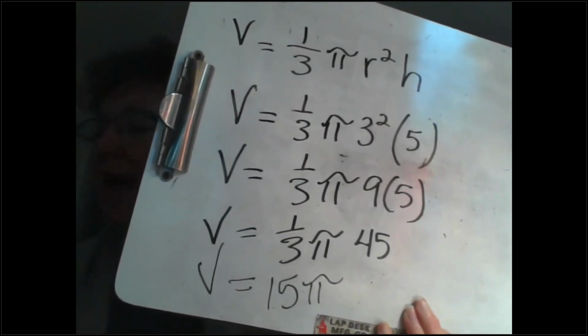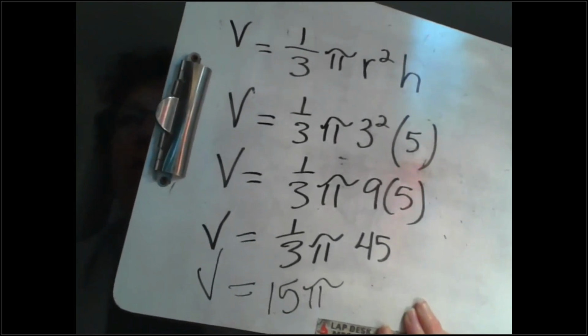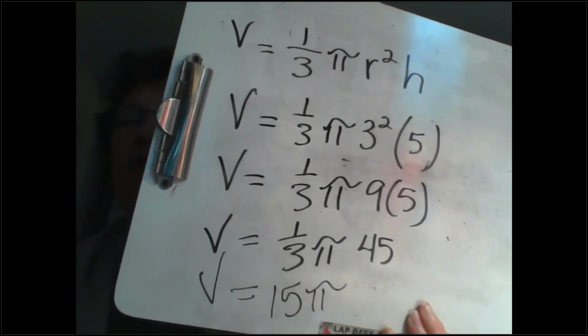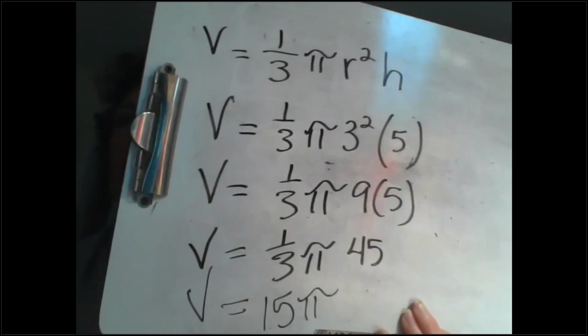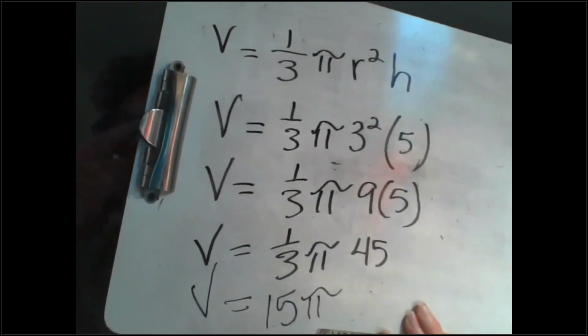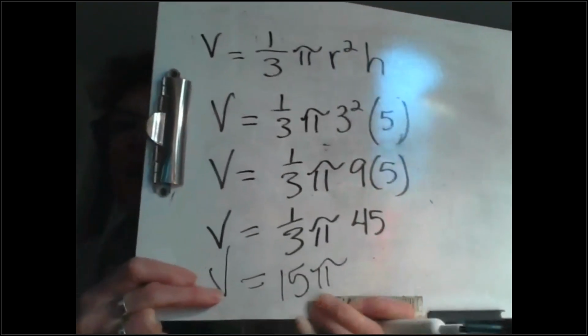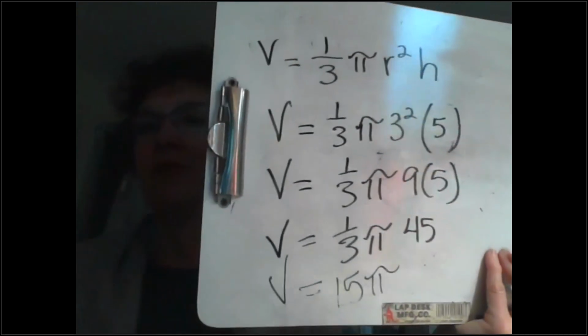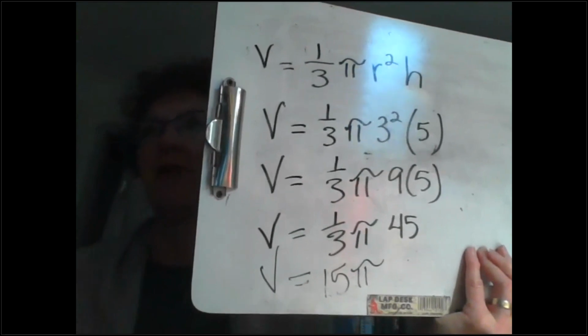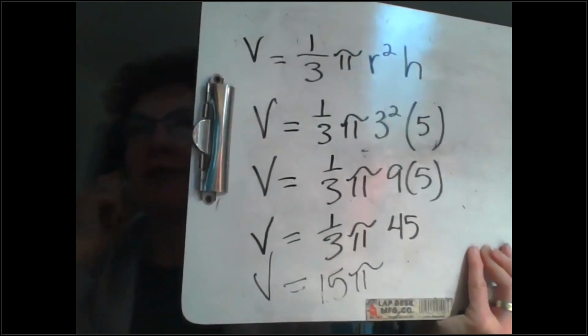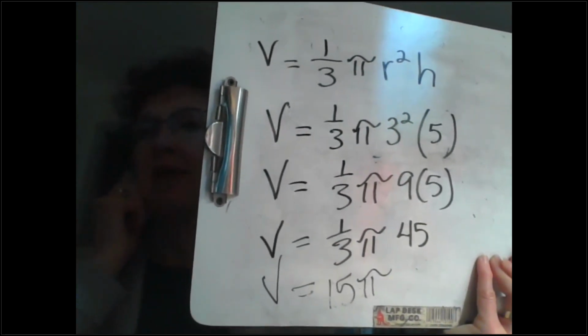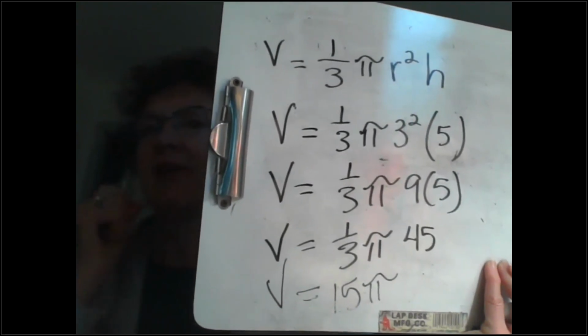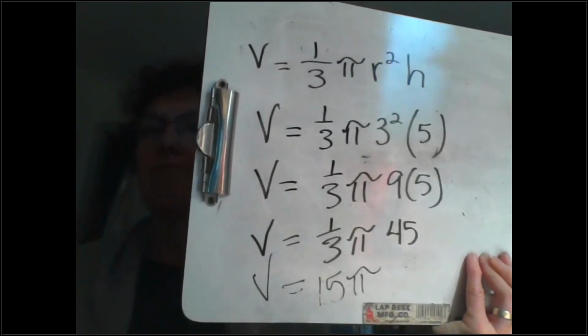But you also have a pi key on your calculator, usually, that you can use. And if you find that using the pi key doesn't give you an answer that's in your multiple choice list, you might go back and substitute in 3.14 and see if that gives you the answer.